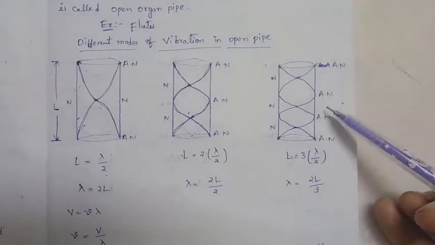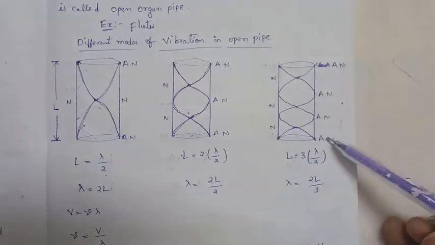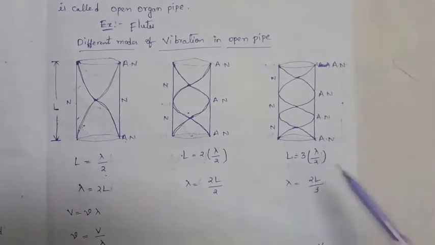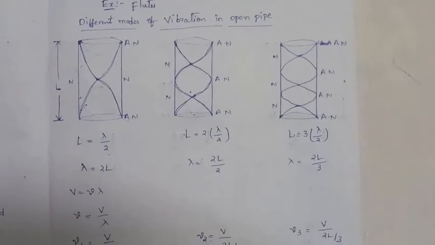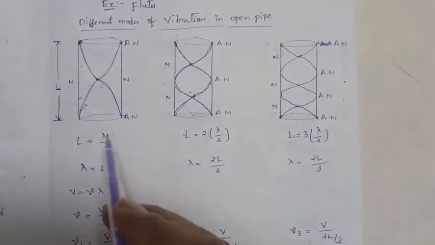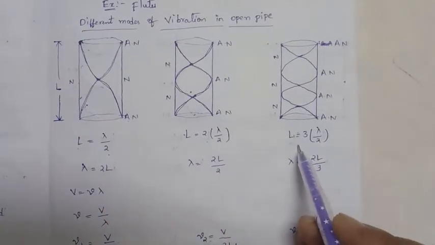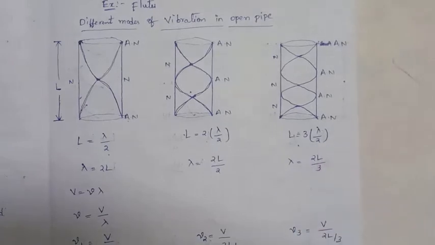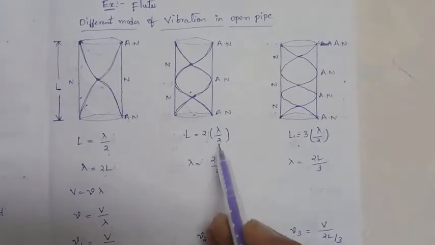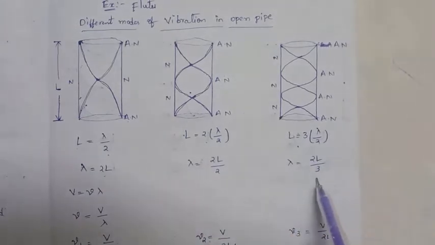In the third mode, there are 3 possible, that means 3 into lambda by 2. So L is equal to lambda by 2, here L is equal to 2 into lambda by 2, and here L is equal to 3 into lambda by 2. From that, lambda is equal to 2L, here lambda is equal to 2L by 2, and here lambda is equal to 2L by 3.